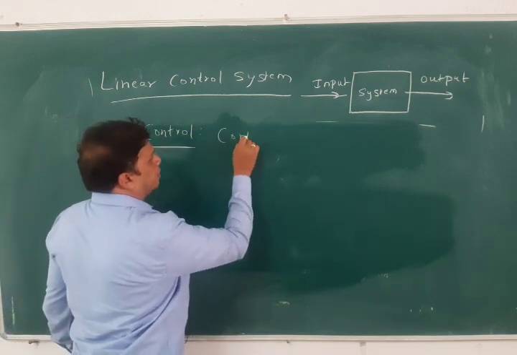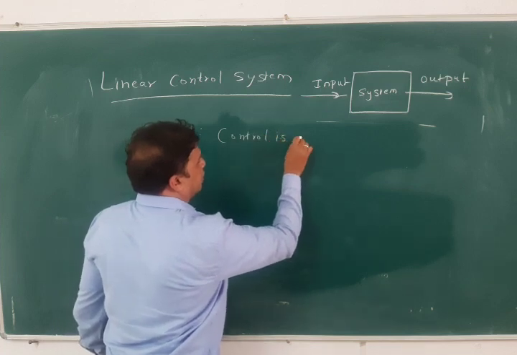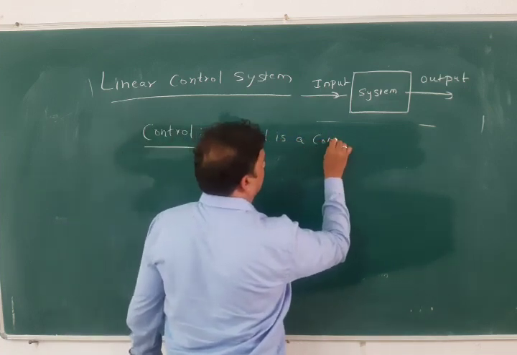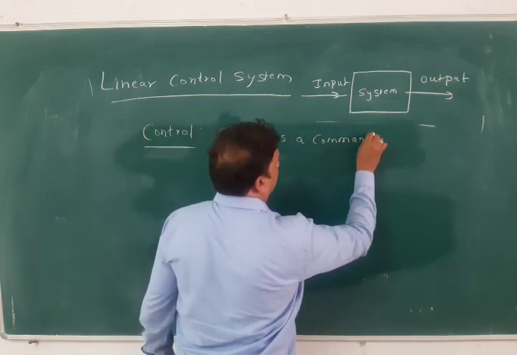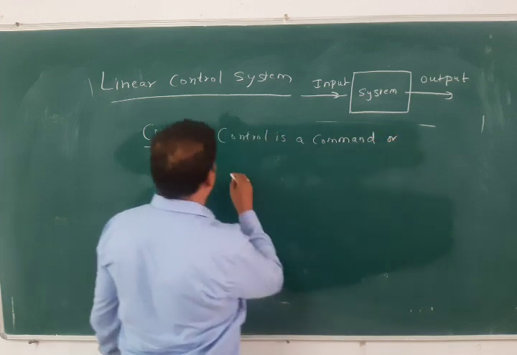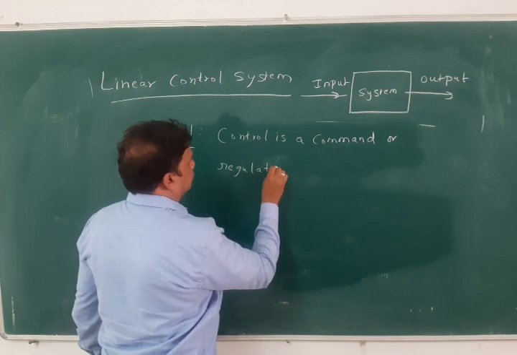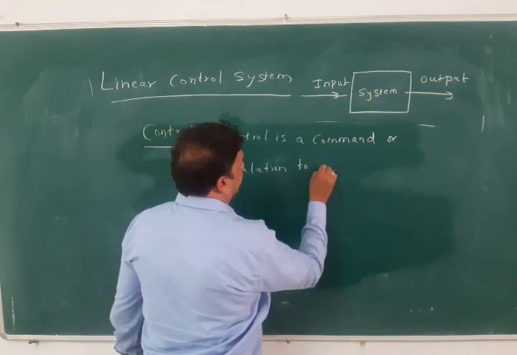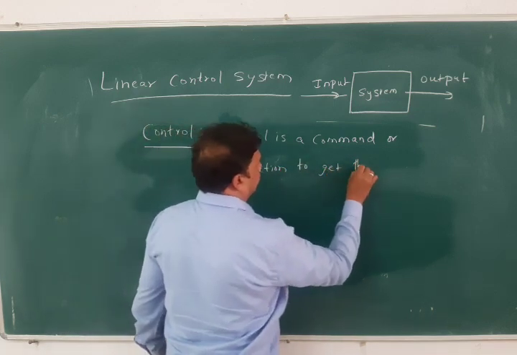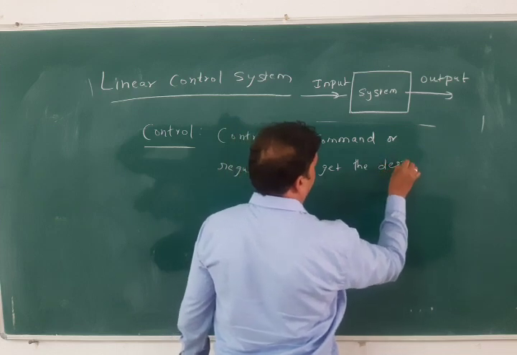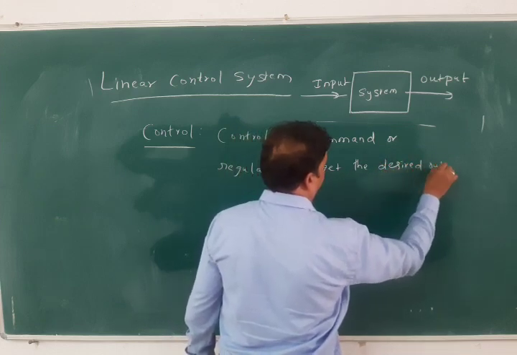Control is a command or a regulation to get the desired output. To get the desired output.